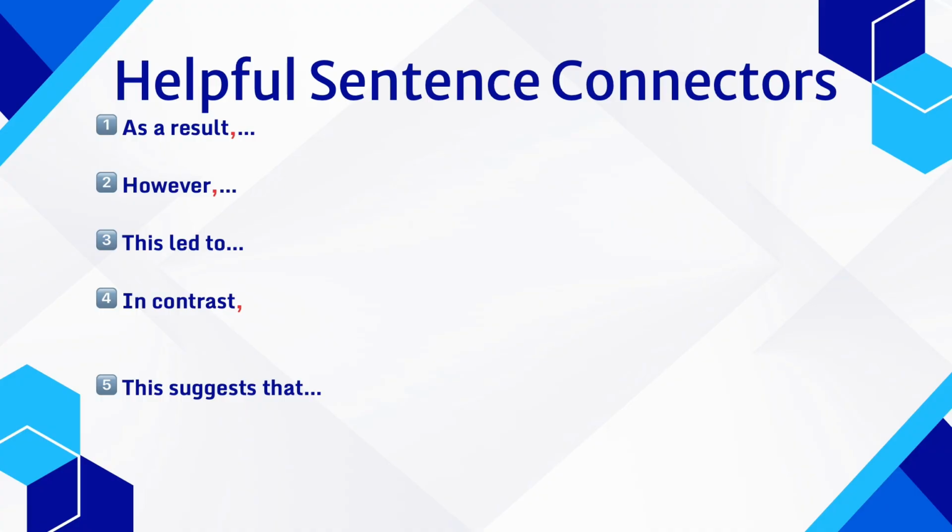You also have to connect your ideas well to make strong sentences. So, as a result is a good connector. It can connect ideas in a paragraph or in a sentence. Connectors can help connect sentences to other parts of a paragraph, or connect 2 clauses to each other in a sentence.